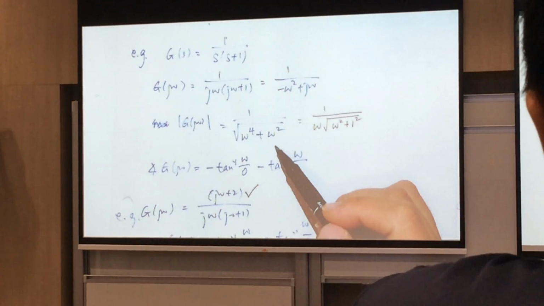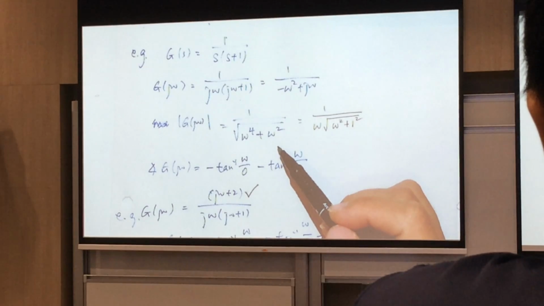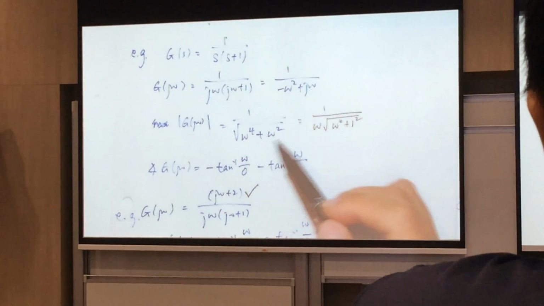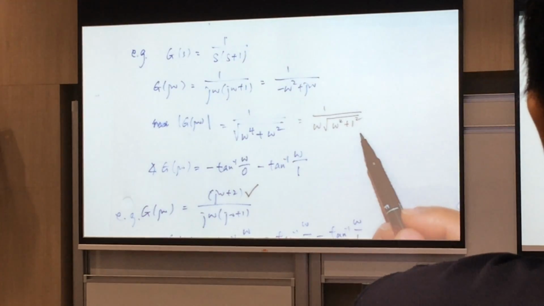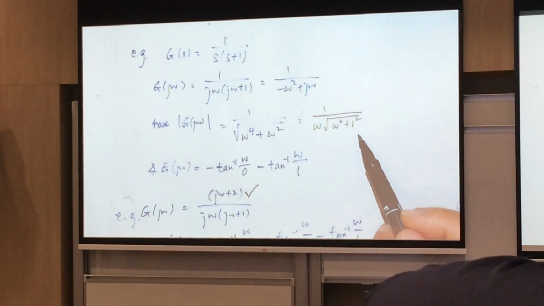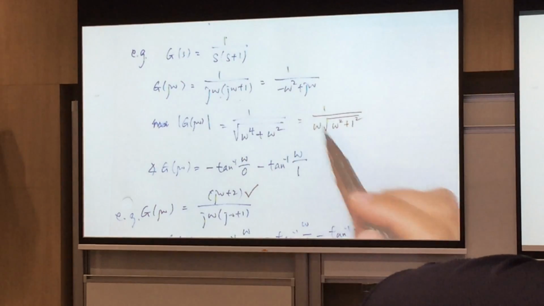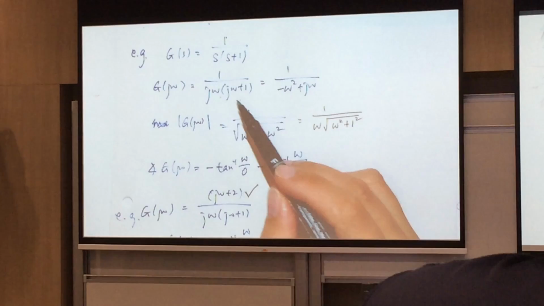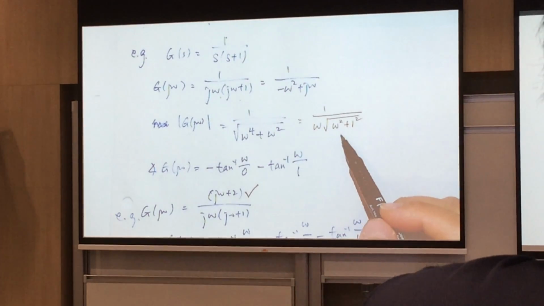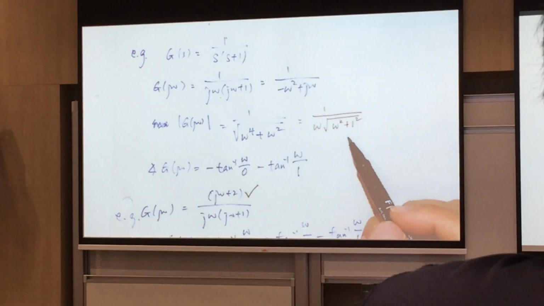But it doesn't take you too long to say that I can pick out omega: it is omega times the square root of omega squared plus 1. Or you can just tell me that the gain of j omega is omega, and the gain of j omega plus 1 is the square root of omega squared plus 1.